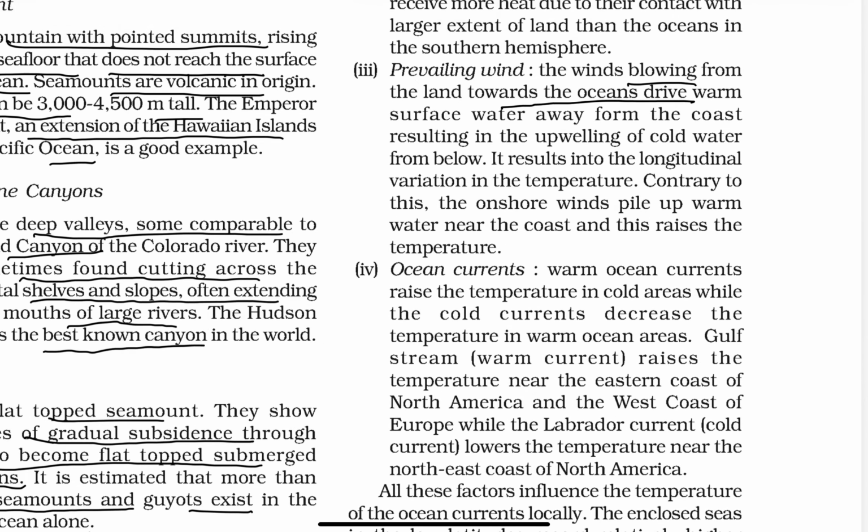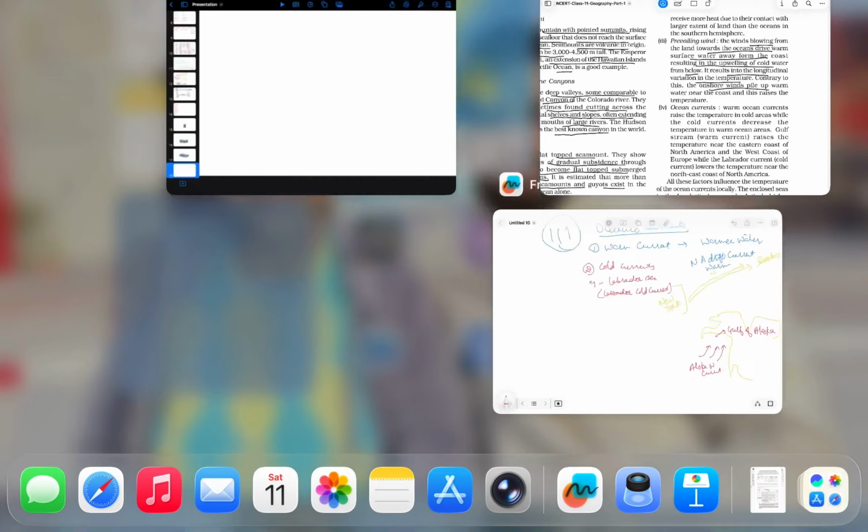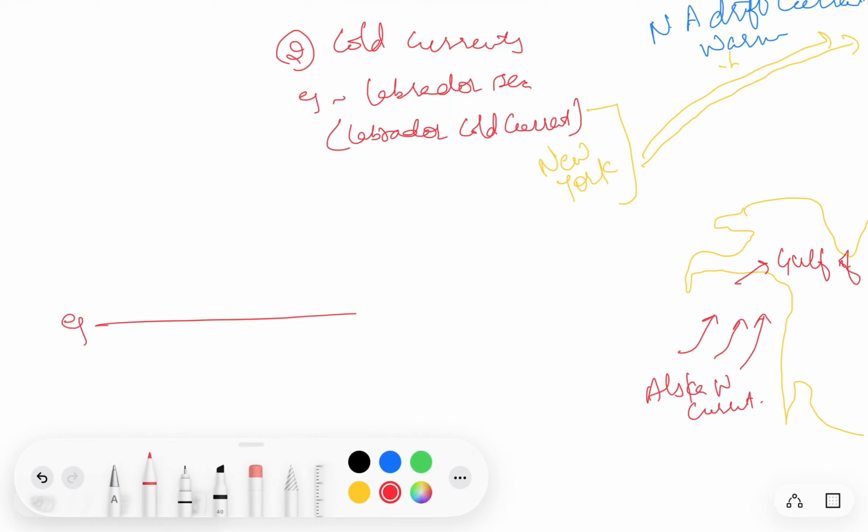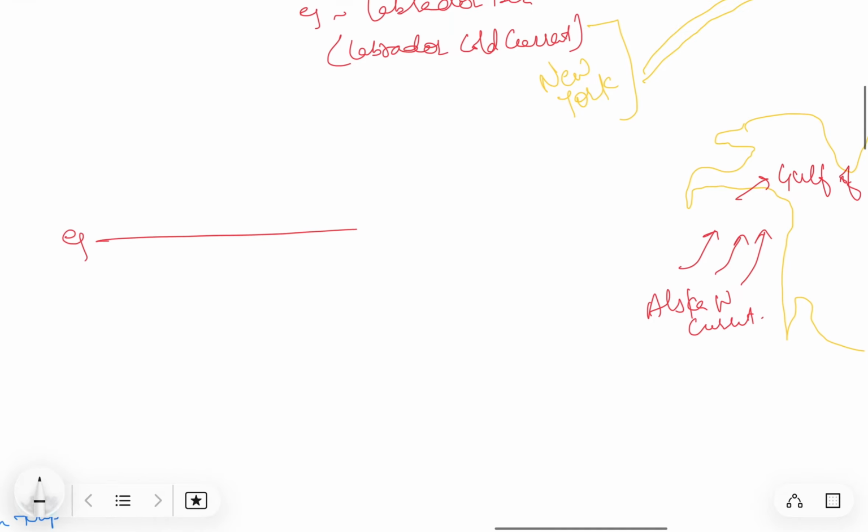Prevailing wind. The wind flowing from the land toward the ocean drives the warm surface water away from the coast, resulting in the upwelling of the cold water below. It will result in the longitudinal variation of the temperature, contrary to when an onshore wind is available. Now suppose here we have the equator, and the warm current will flow in this direction.